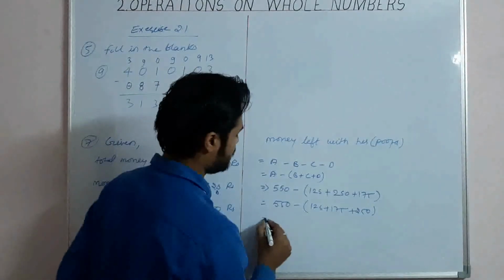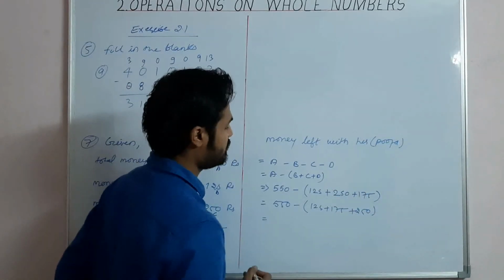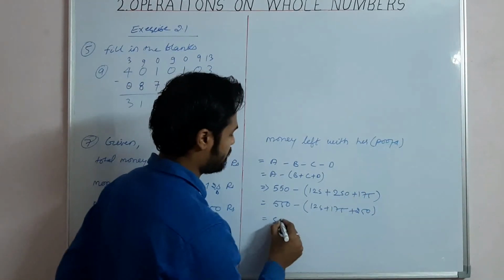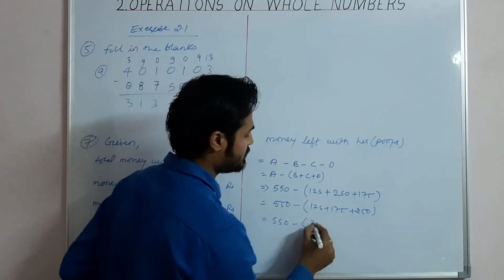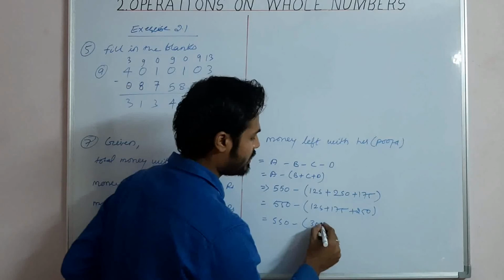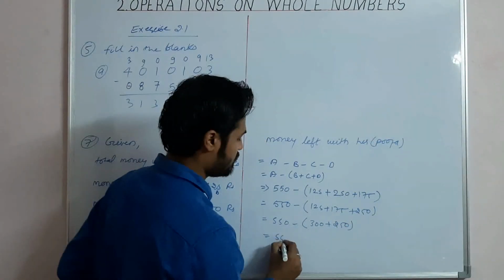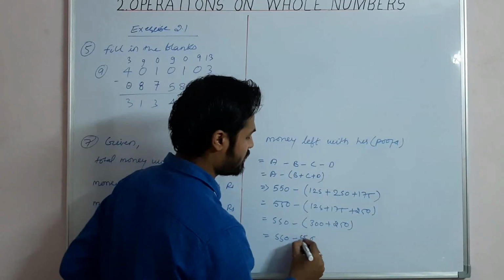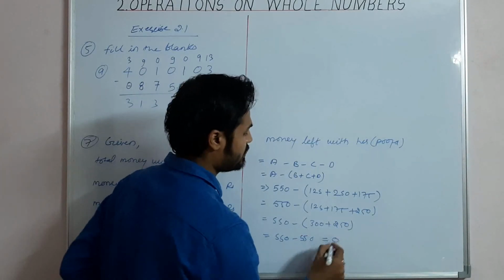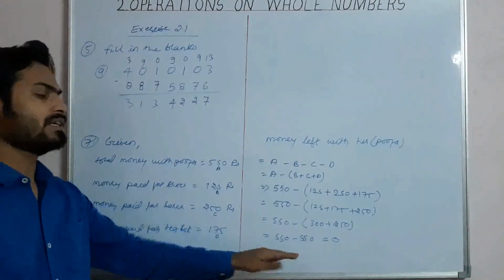Commutative property. And inside the bracket means we are also using the associative property. 125 plus 175 is 300, plus 250. So here 550 minus total 550 is equal to 0. So the money left with Pooja is finally 0.